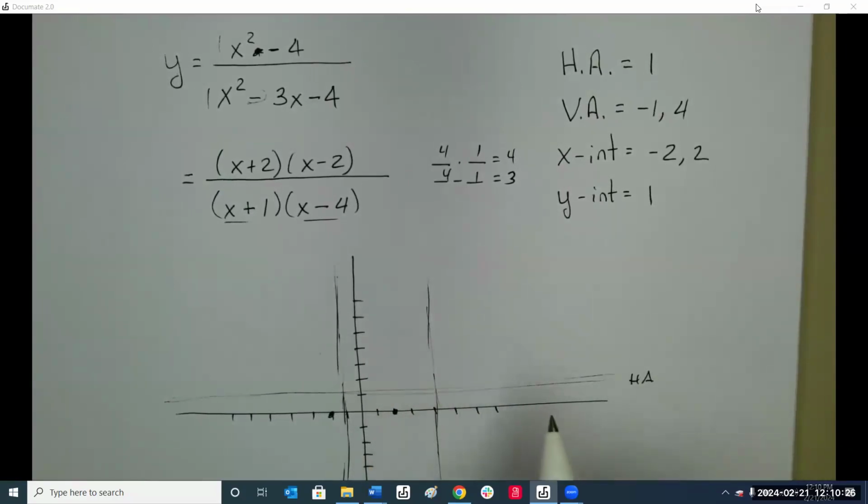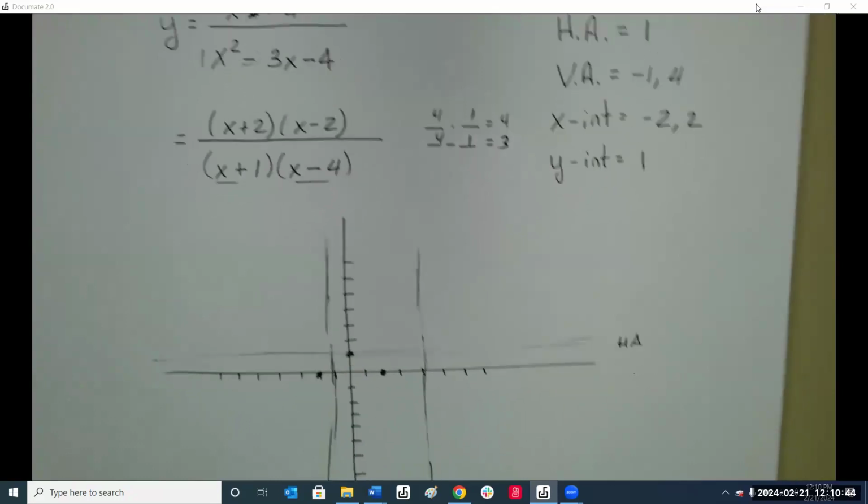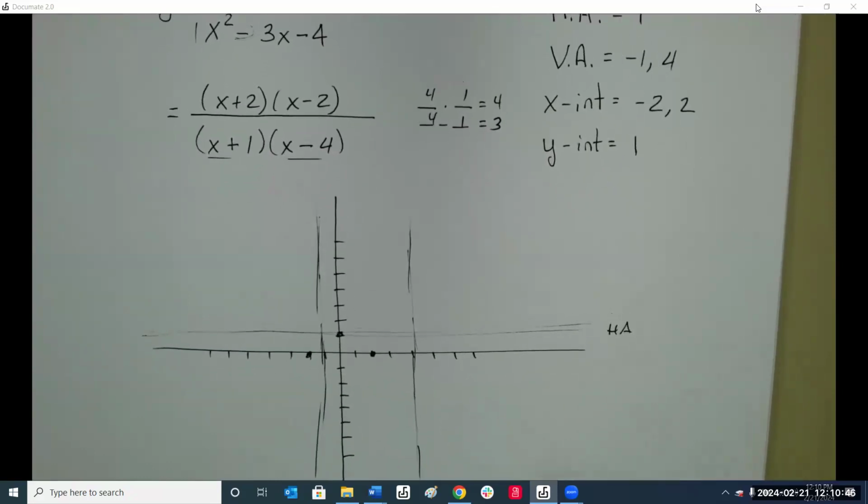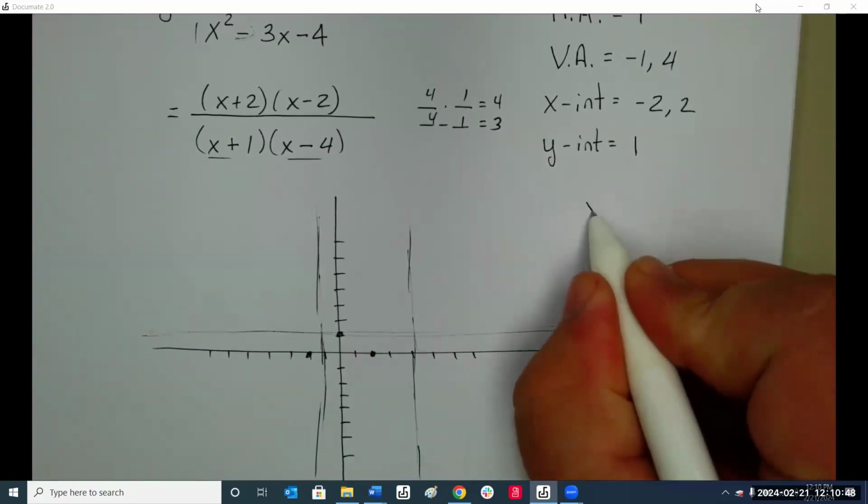And y-intercept at 1. All right, so make our chart.